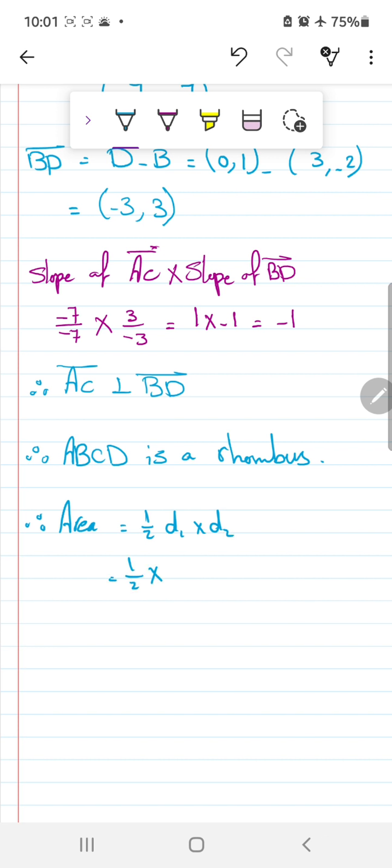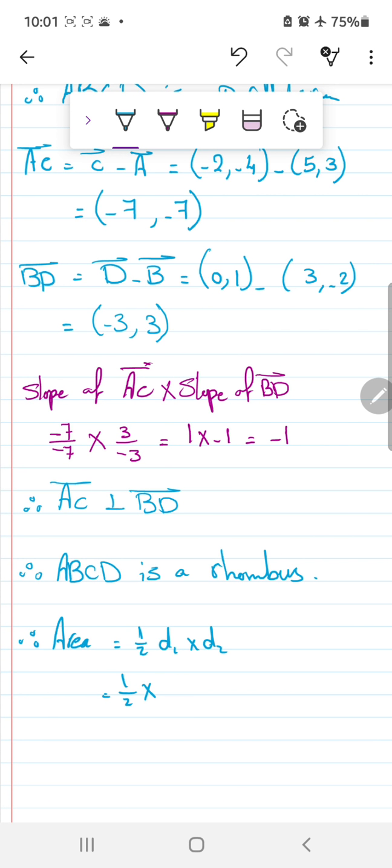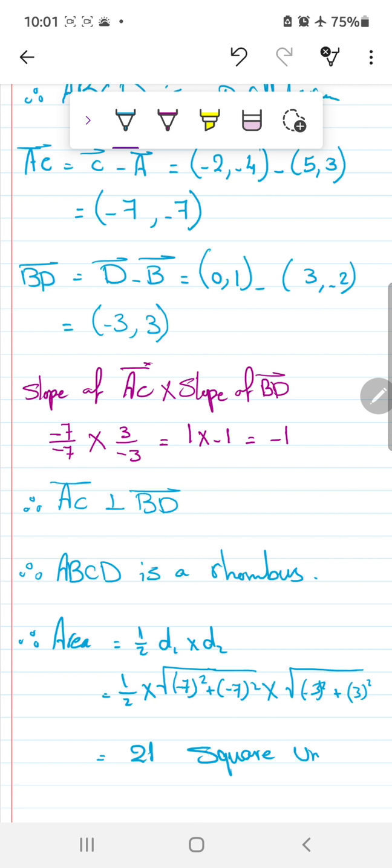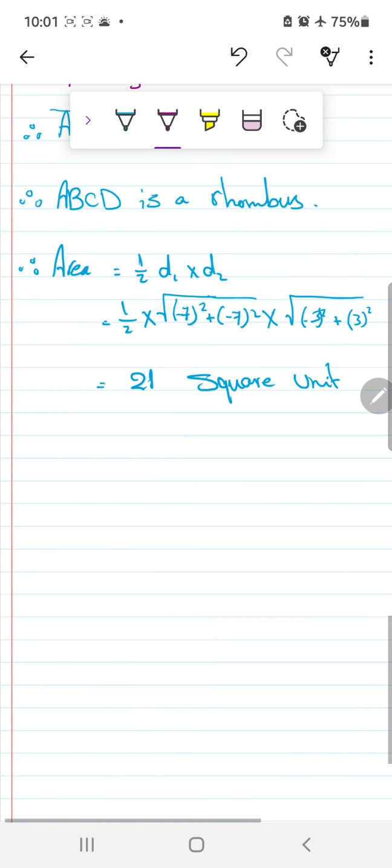Substitution: half, D1 equals the norm of AC, which is the square root of (-7) squared plus (-7) squared, times D2, the norm of BD, which is the square root of (-3) squared plus 3 squared. Using your calculator, the result will be 21 square units because we talk about the area. Okay, thank you.